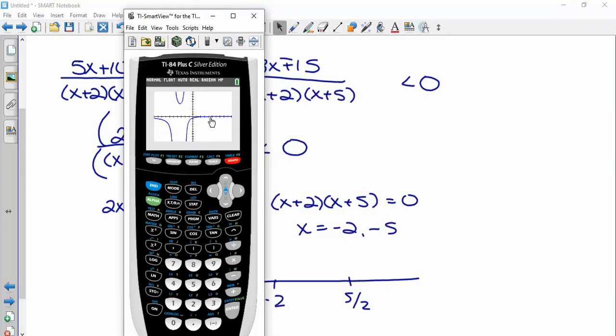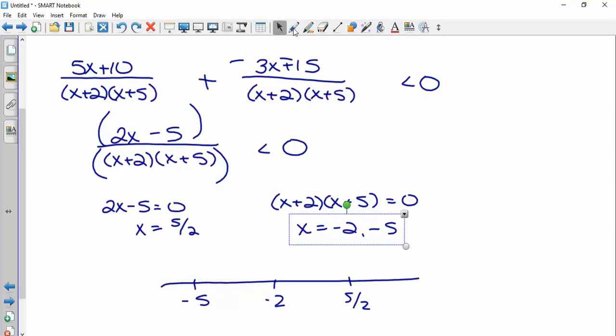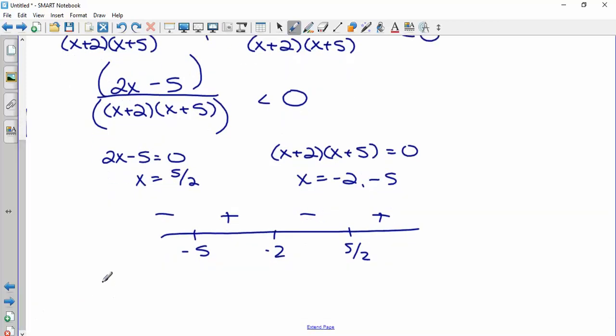After that 5 halves, it's just barely positive. So we have negative, positive, negative, positive. Which ones did we want? Negatives. That would be negative infinity to negative 5, negative 2 to 5 halves.